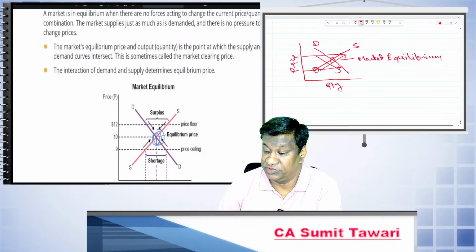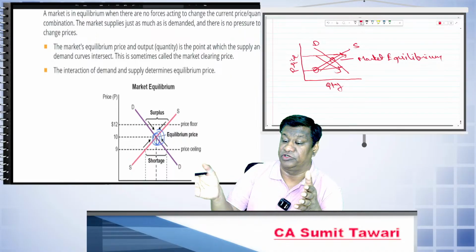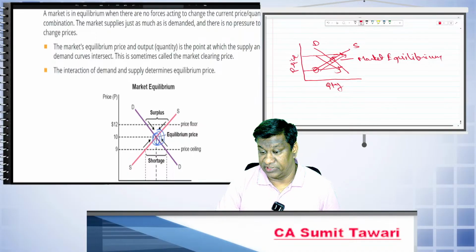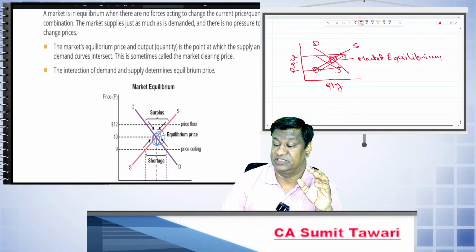So in both situations there may be either a surplus quantity or a shortage. Only at the market equilibrium point is it possible that whatever the supplier is willing to produce or supply can be purchased and consumed by the customer. That's why we call it a market equilibrium.